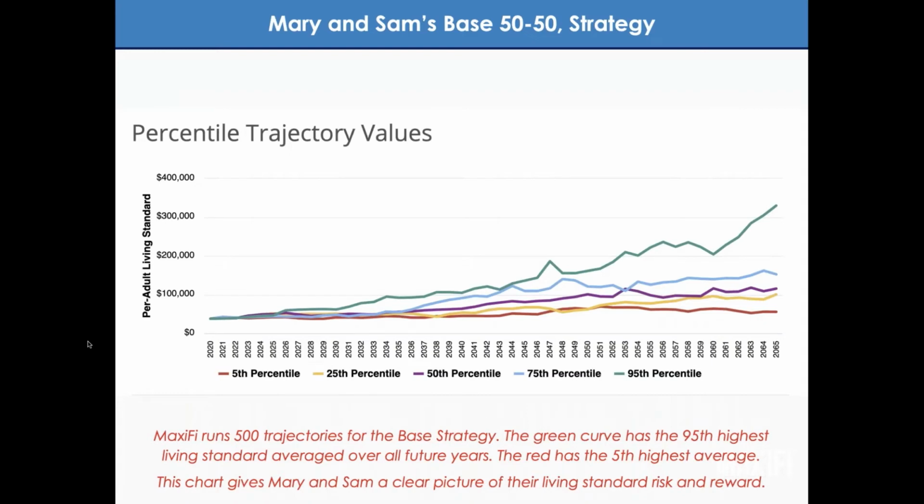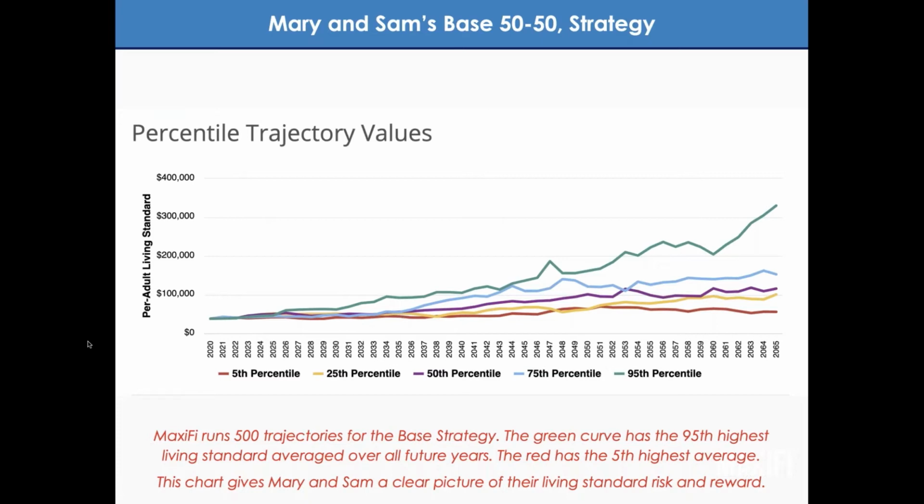And right now, I'm looking with you at the base strategy, which is the 50-50 strategy, for Martha and Sam. And what you're seeing here in the green curve is the 95th percentile.